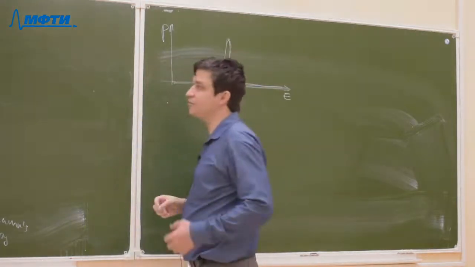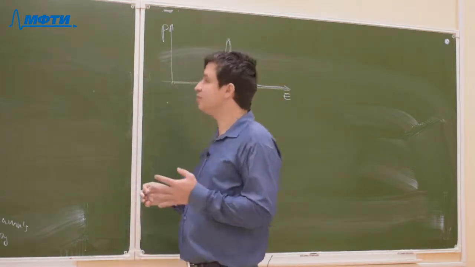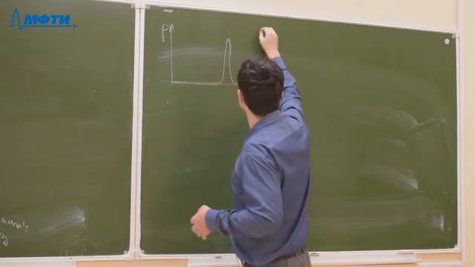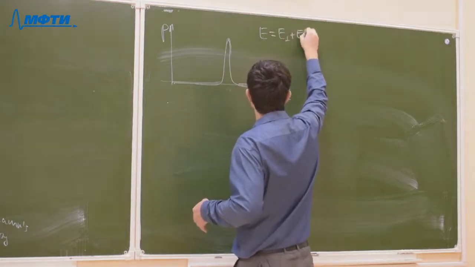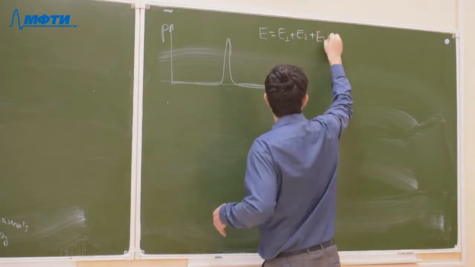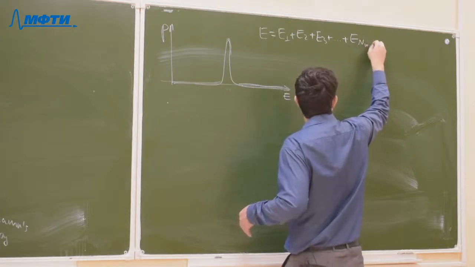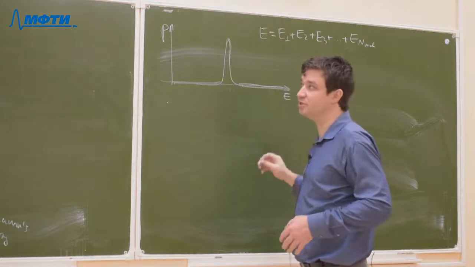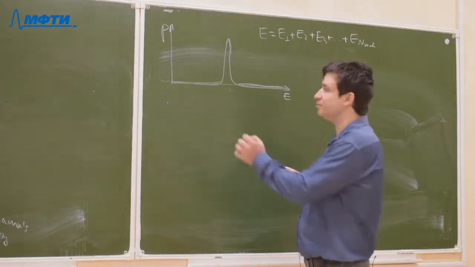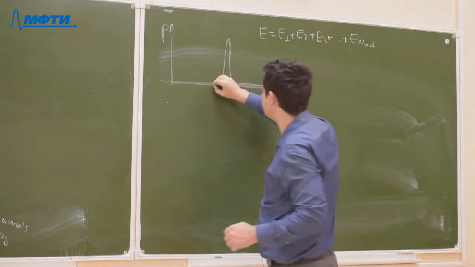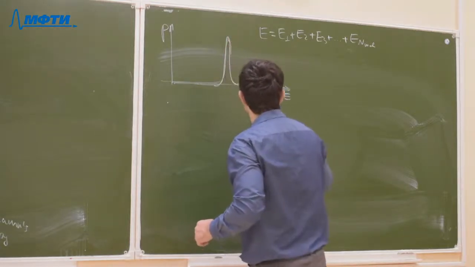As I said in one of the first lectures devoted to statistical physics, devoted to molecular physics, when you have an energy of a system which is found as a sum of different energies for different molecules in the system, when you accumulate a large number of random quantities, then the distribution for the resultant, for the sum of these quantities, becomes a very narrow function. And this is it, this very narrow function.